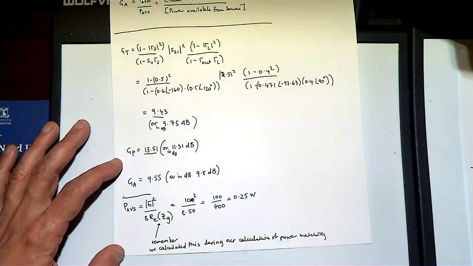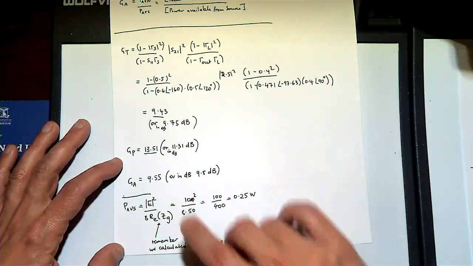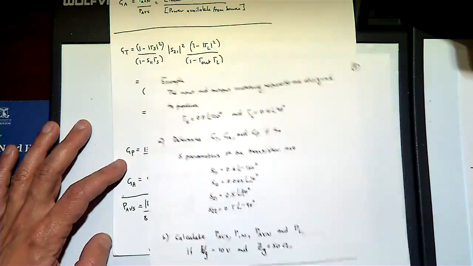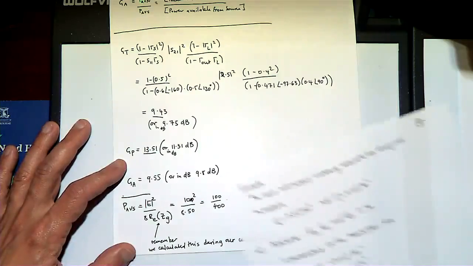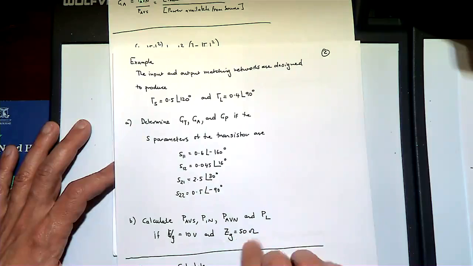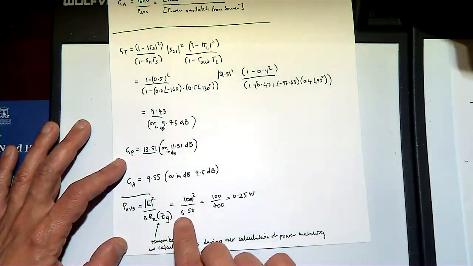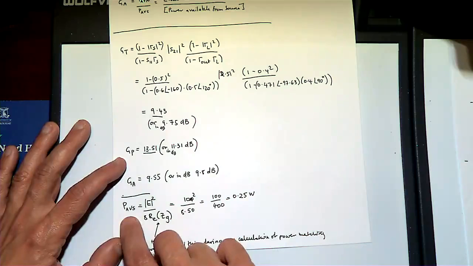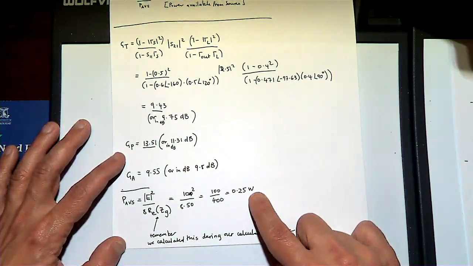So therefore, we can go through that calculation. In this particular example, I've said the voltage is 10 volts, the impedance of a generator is 50 ohms, and what we can actually show is that the total power that's available from the source is 0.25 of a watt.